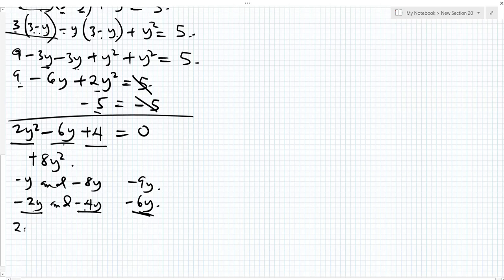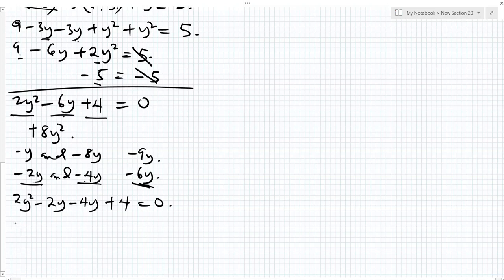So we have 2y squared minus 2y minus 4y plus 4 equal to 0. Okay, let me just factorize this now. What is the common factor between these two terms? The common factor between these two terms is 2y.